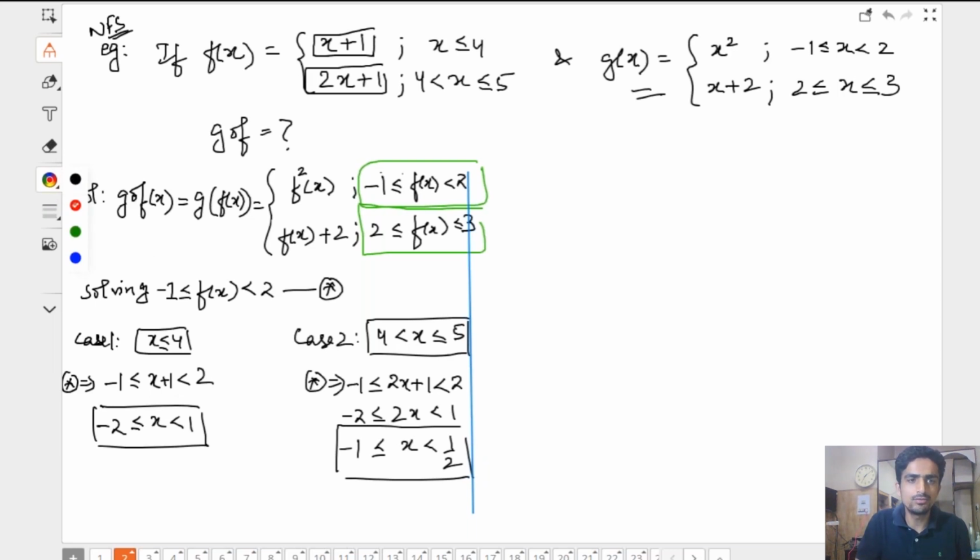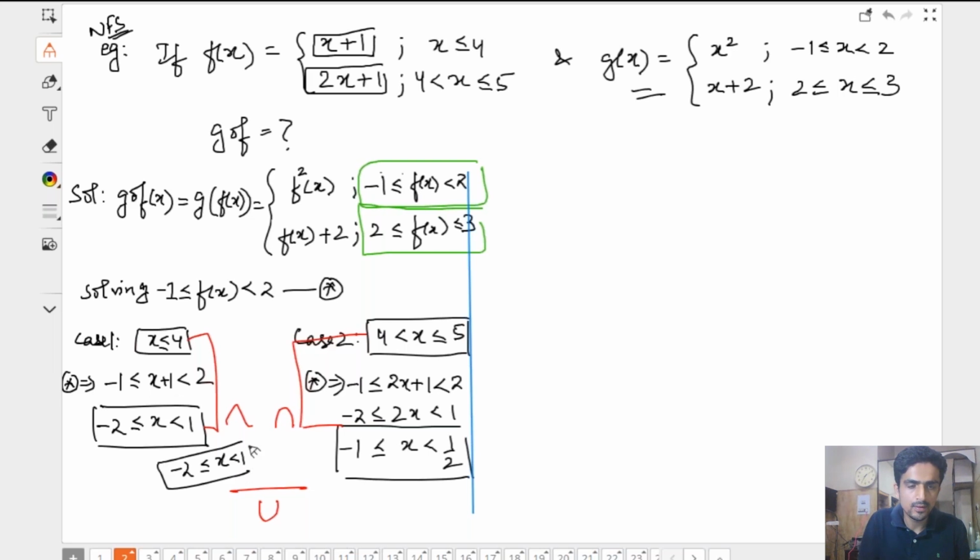So now the turn of the final answer. We know that it is union. Let me just clear this. First of all, intersection. So what is the intersection of x less than or equal to 4 and -2 to 1? It is just -2 to 1. And what is the intersection of 4 to 5 and -1 to half?